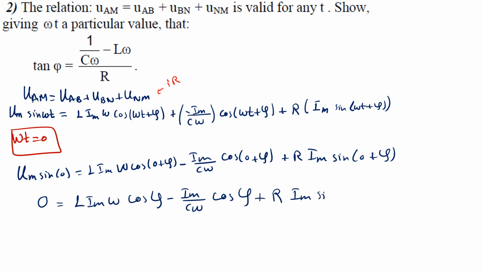So sine phi. We have Im in all the factors, so let's cross Im. So I will cross Im, and Im.